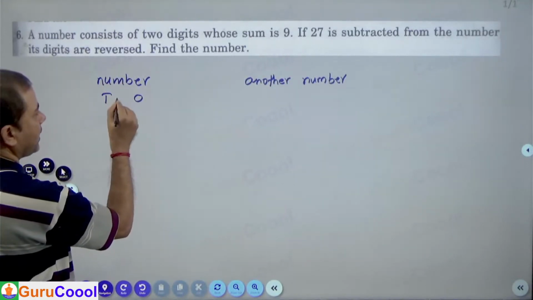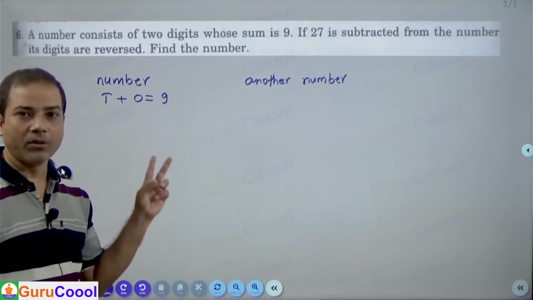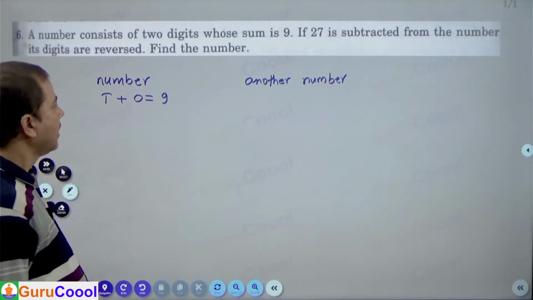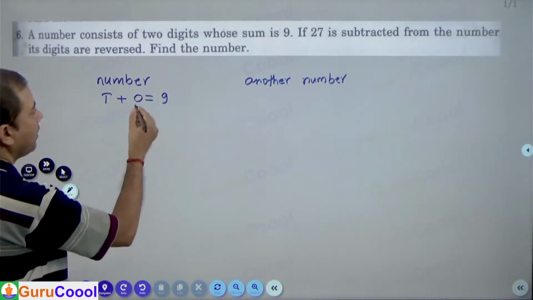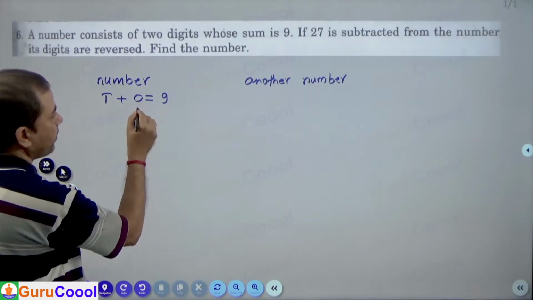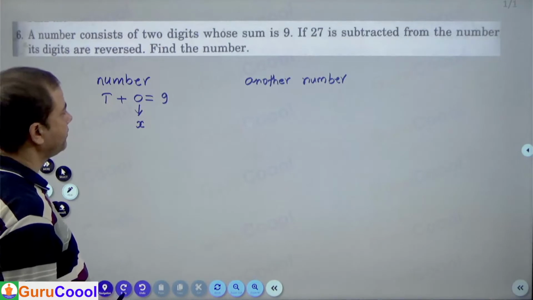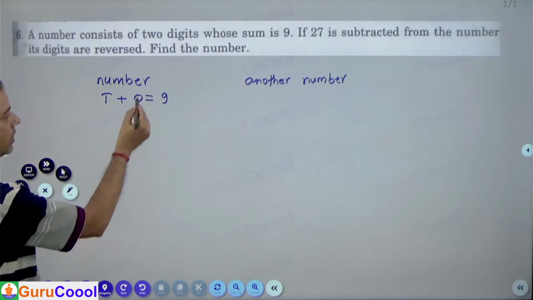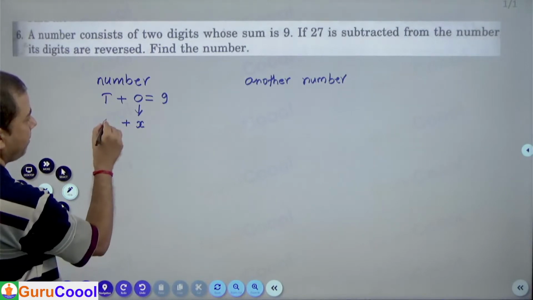Ones place and tens place will make 9. So this is the clue. Let us use this clue. Let us assume ones place to be x.